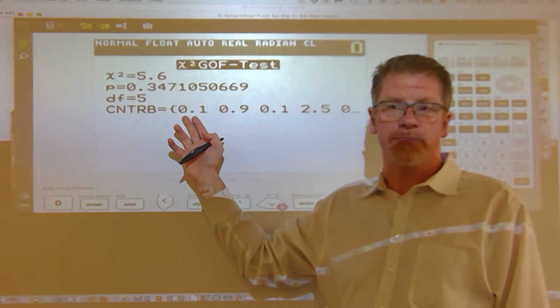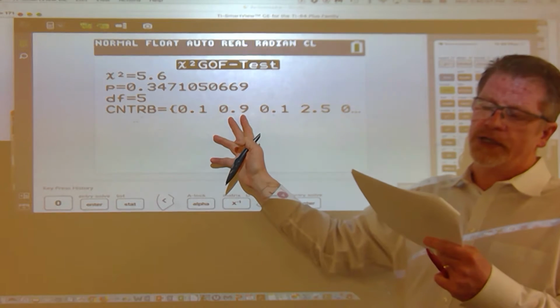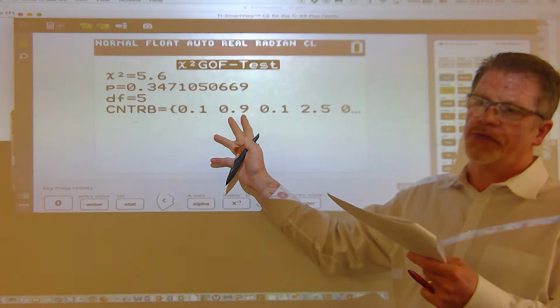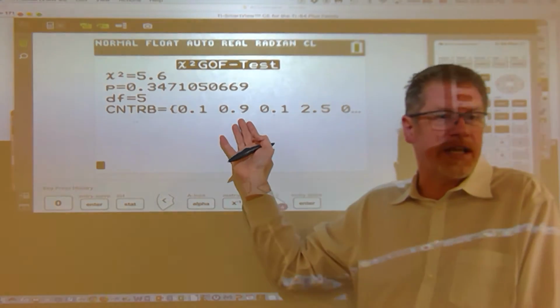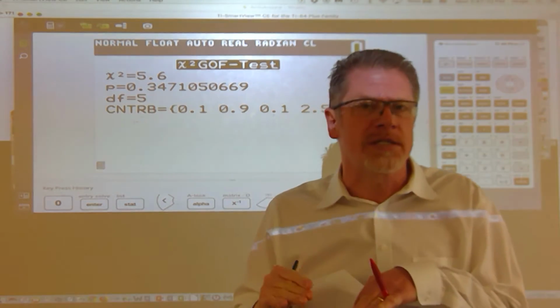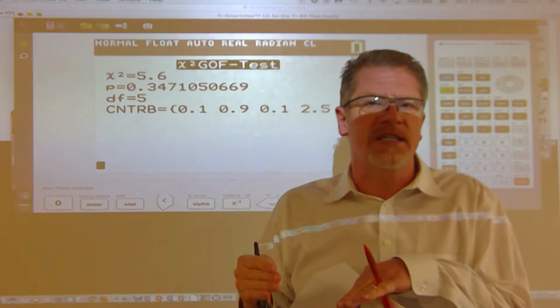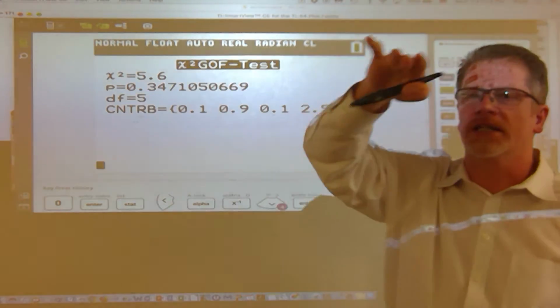So the first contribution to chi-squared is 0.1. Let's do the second one in our heads. 7 minus 10 is -3. -3 squared is 9. 9 divided by 10 is 0.9. Do you see how it's calculating these individual values? There's a total of 6 contributions to the chi-squared test statistic. This is just showing you the individual ones. But the chi-squared value is 5.6.